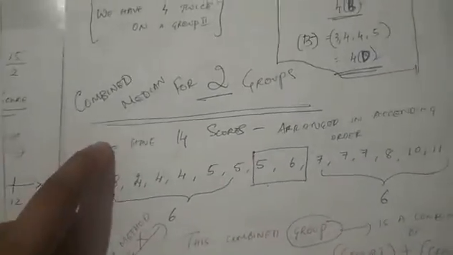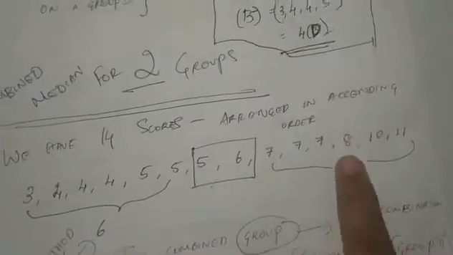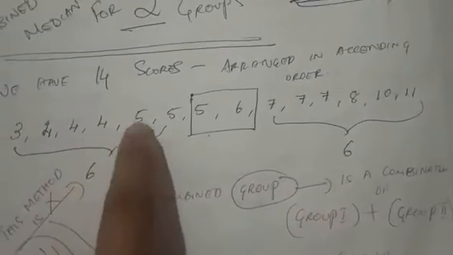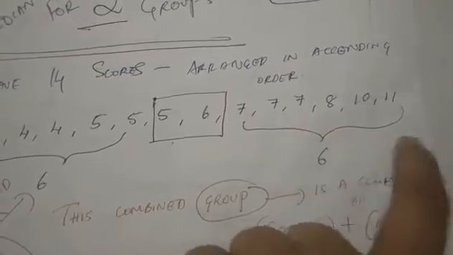Now we have to find a combined median for the two groups. So we have 14 scores, again arranged in ascending order: 3, 4, 4, 4, 5, 5, 5, 6, 7, 7, 7, 8, 10 and 11.